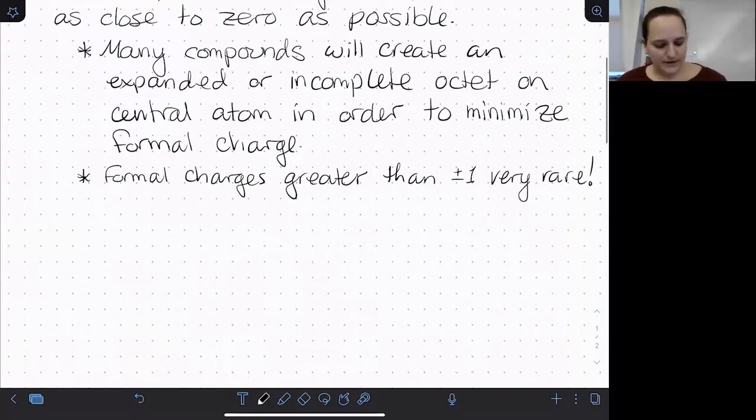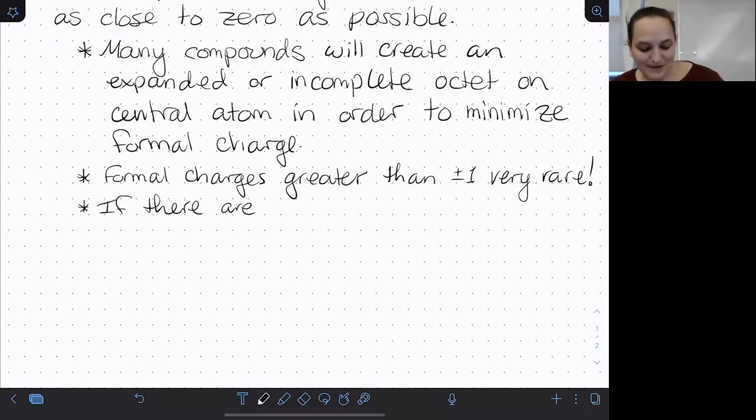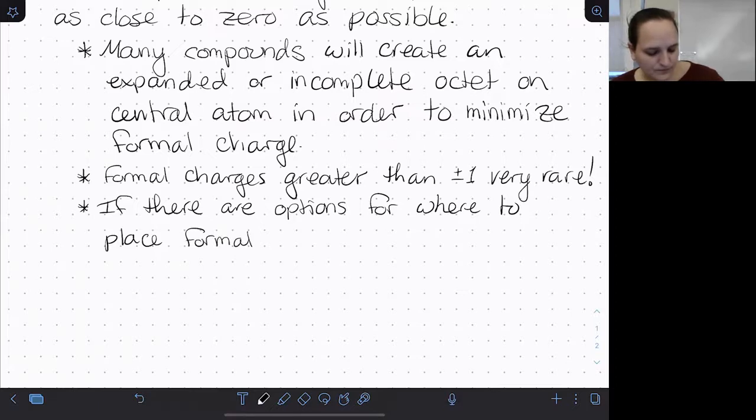One other thing to be aware of that doesn't come up super often: if you have a choice about where to put a formal charge, like I need a negative 1 somewhere, and there are options for where it can go, say either place your charge on an oxygen or a sulfur, what you want to look at is the electronegativity of that element to determine where it's going to be more stable.